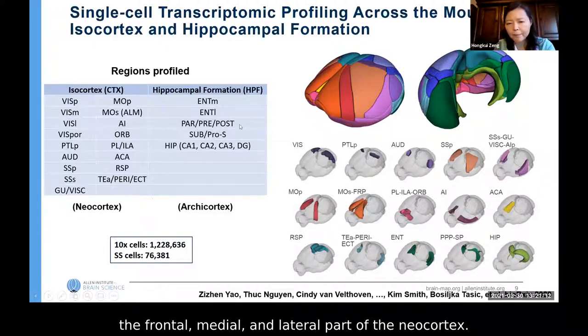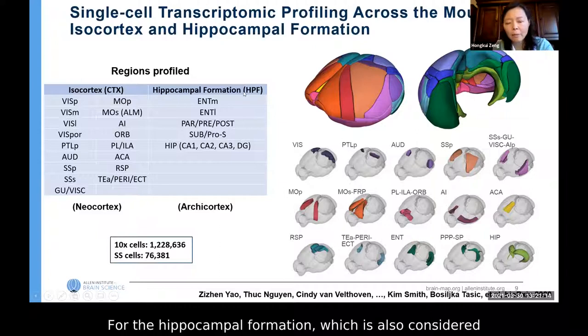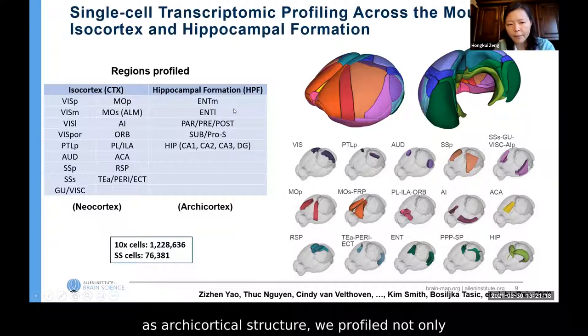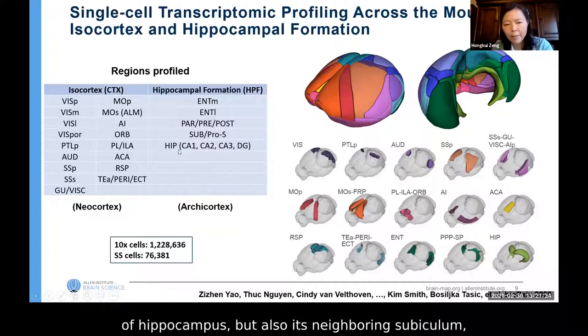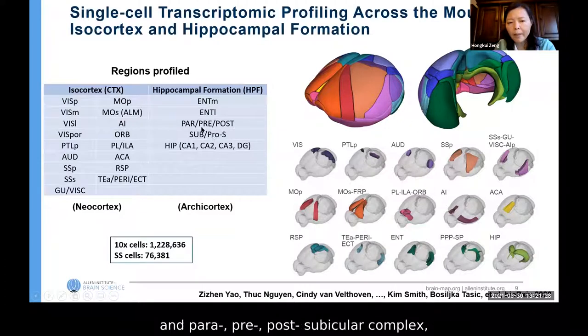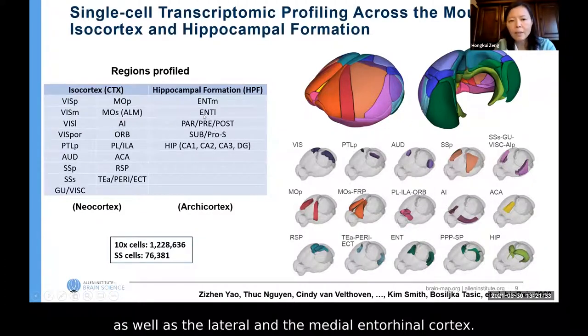the neocortex. For the hippocampal formation, which is also considered an archicortical structure, we profiled not only the hippocampus itself, including all its subfields, but also its neighboring subiculum and the para-, pre-, and post-subicular complex, as well as the lateral and medial entorhinal cortex.